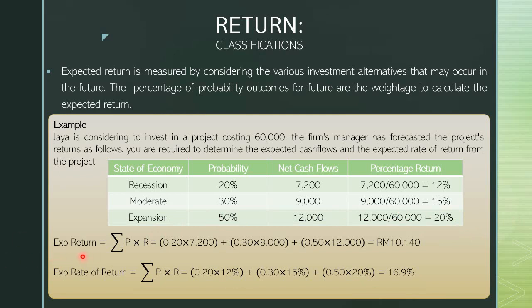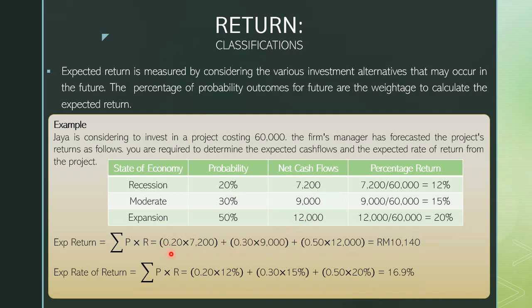So we can calculate first the expected return or the expected cash flows. This is the formula that you should use. This is the sum of probability times return: probability times return, probability times return, probability times return, and then you sum it all up like this. 0.2 times 7,200, 0.3 times 9,000, 0.5 times 12,000.